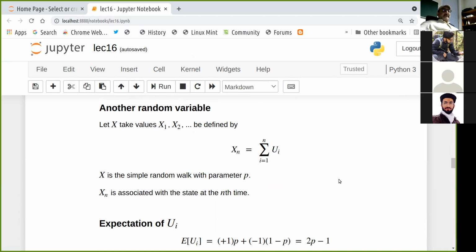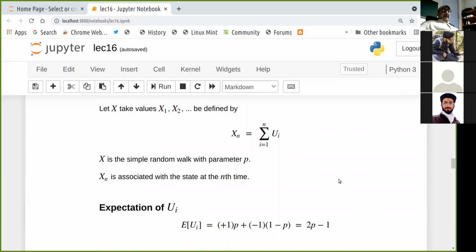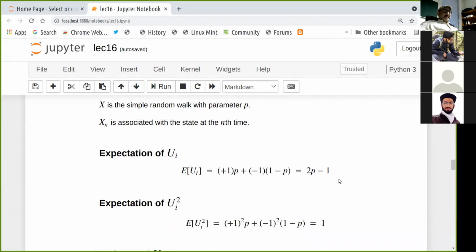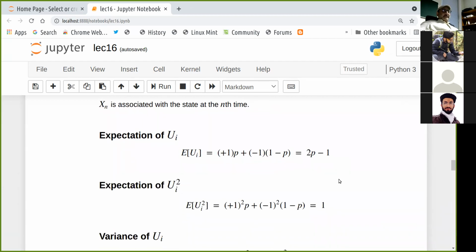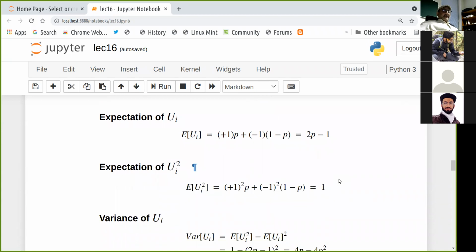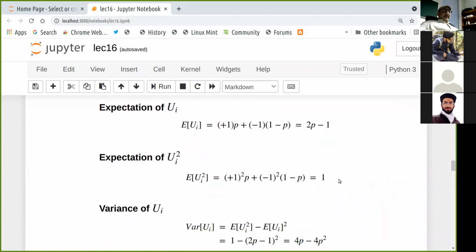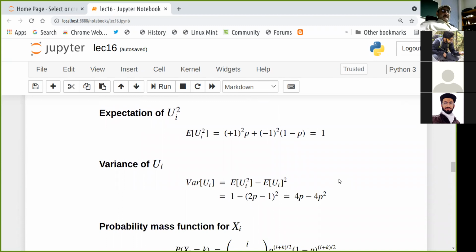So the expectation of Ui is 2p minus 1. Note that if p equals a half, then the expectation would be 0. The expectation of Ui squared will be 1. And then the variance from the formula for variance would be 4p minus 4p squared.